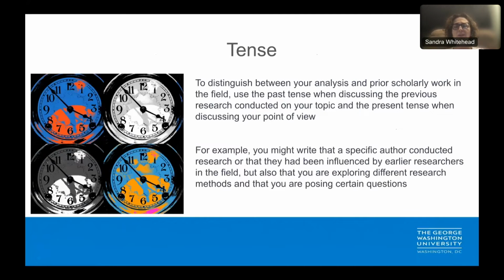Use the past tense when discussing previous research conducted on your topic, and the present tense when talking about your point of view. For example, if you're writing that a specific author conducted research and that they've been influenced by earlier researchers, but also that you're exploring different research methods that you're proposing.